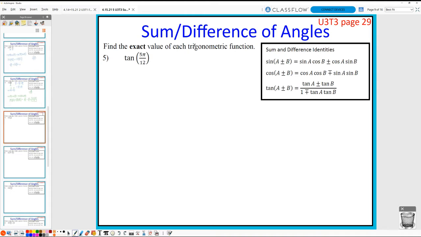So I'm going to rewrite this 5 pi over 12 as 2 pi over 12 plus 3 pi over 12, which I know is pi over 6 plus pi over 4. So I can rewrite my tan of 5 pi over 12 as tan of pi over 6 plus pi over 4. Let me rewrite that. That's very ugly.